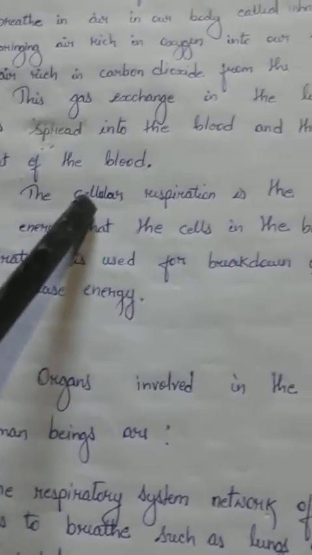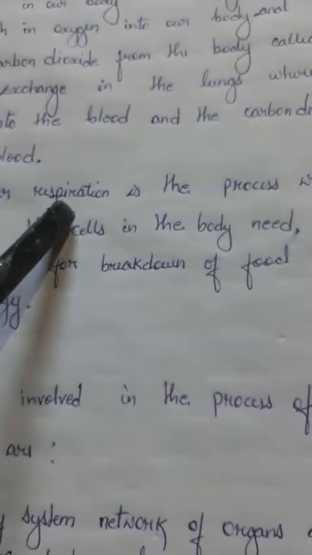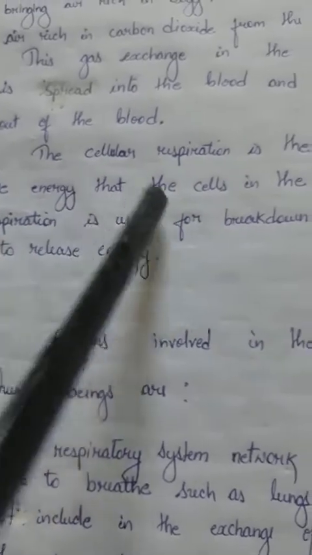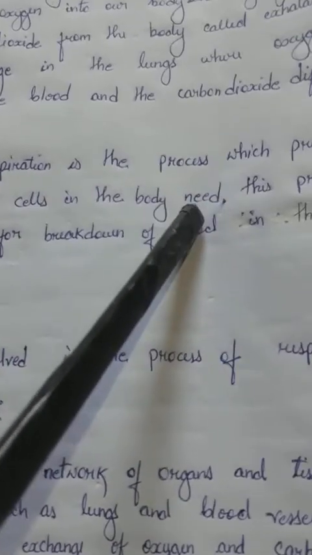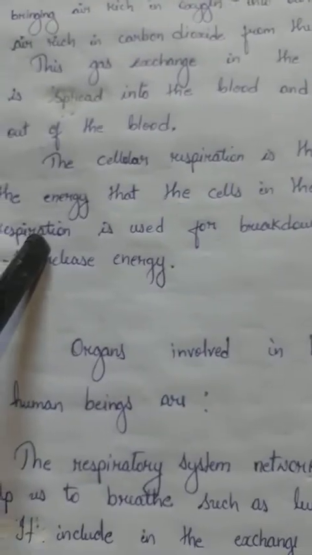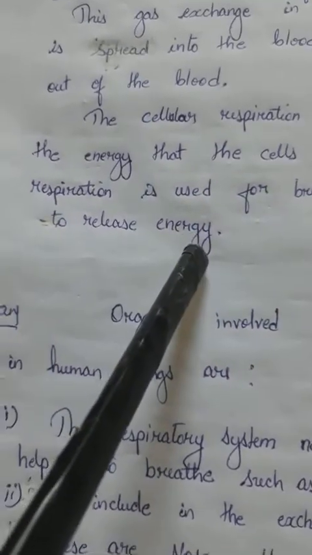The cellular, C-E-L-L-U-L-A-R, cellular respiration is the process which produces the energy that the cells in the body need. Full stop. This process of respiration is used for breakdown of food in the cells to release energy.